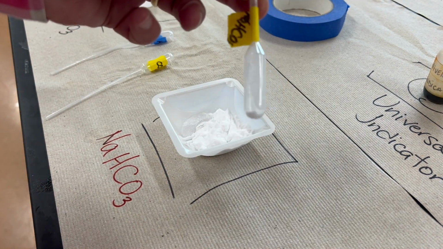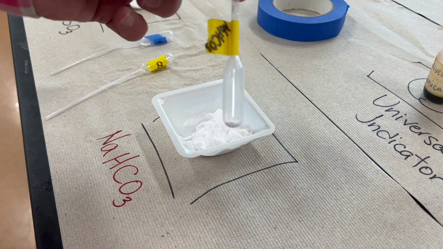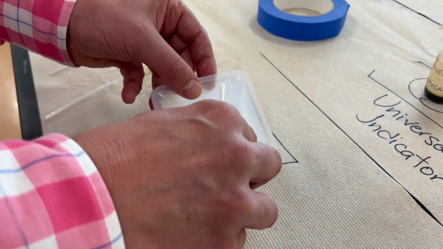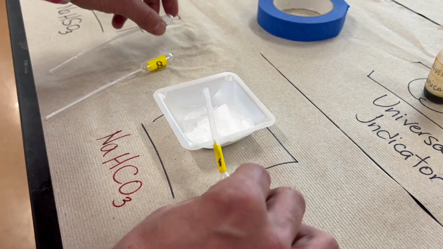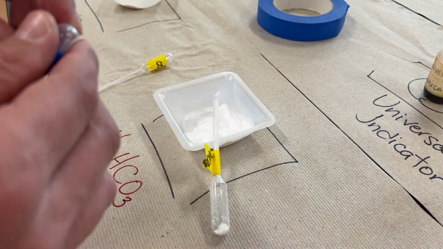So, a pea-size amount of sodium bicarbonate. We're going to draw some hydrochloric acid.